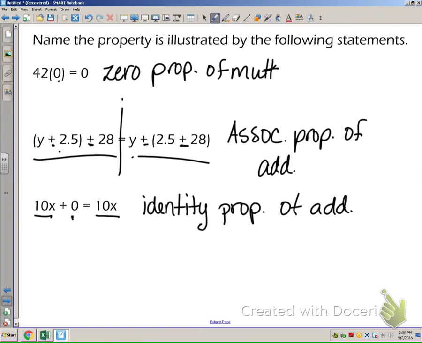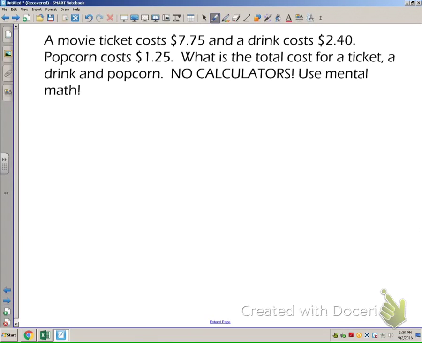Okay, the next slide. A movie ticket costs $7.75 and a drink costs $2.40. Popcorn costs $1.25. What is the total cost for a ticket? The ticket's $7.75, for a drink, which is $2.40, and for the popcorn, which is $1.25. We know to get the total cost, we're going to add all of these together.